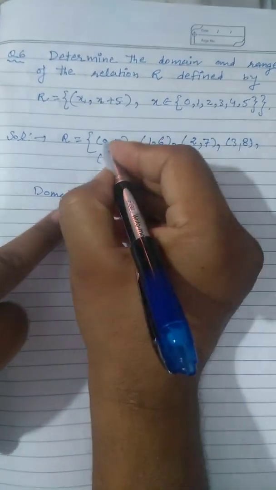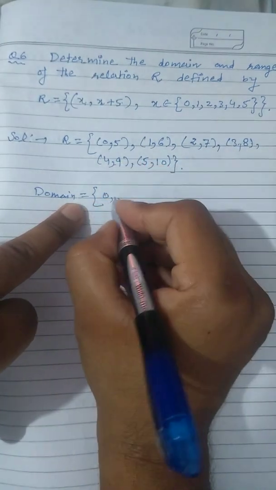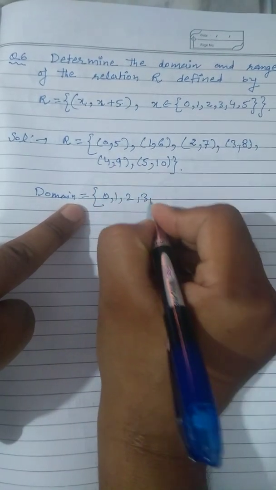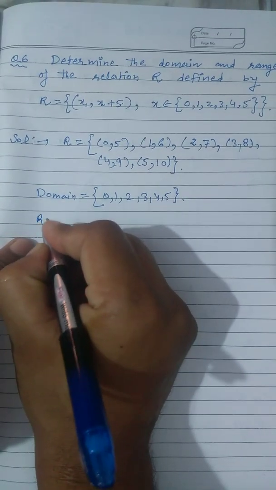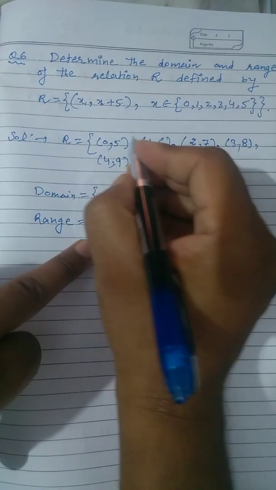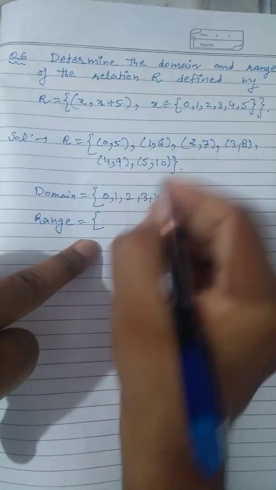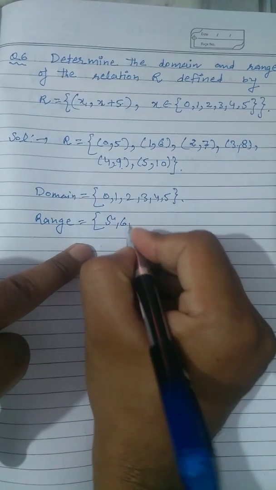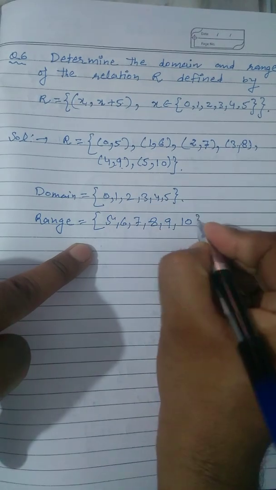Domain is the collection of first elements: 0, 1, 2, 3, 4, 5. And what is range? Range is the collection of second elements: 5, 6, 7, 8, 9, 10.